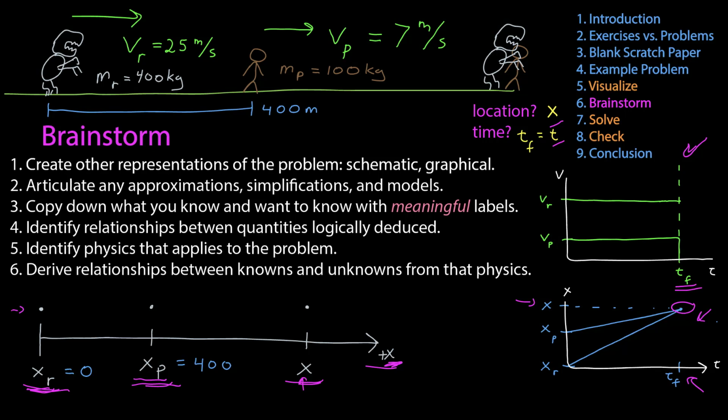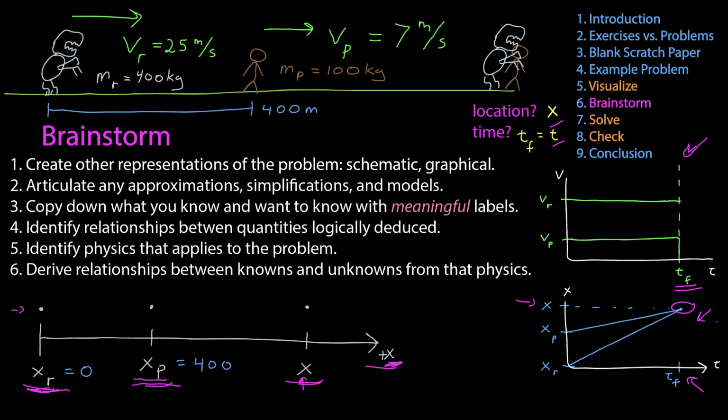Those sorts of concepts, for which there are no equations, you have to deduce logically from the context of the problem. That is something you do all the time in physics problems, and why it's so important to have a high-quality visualization stage, because that will help you do that process.